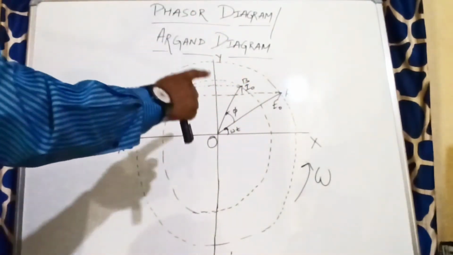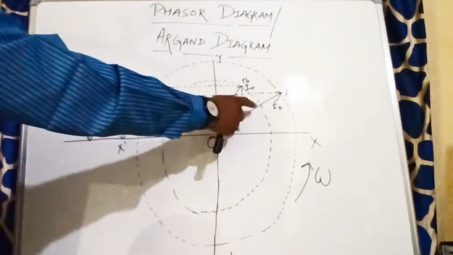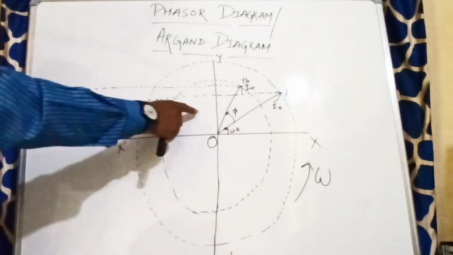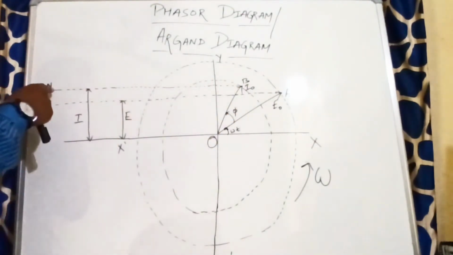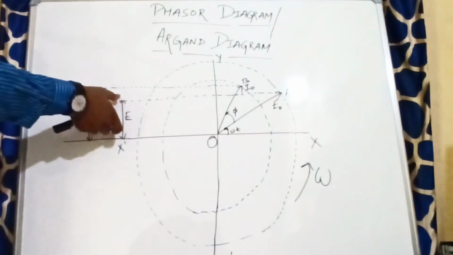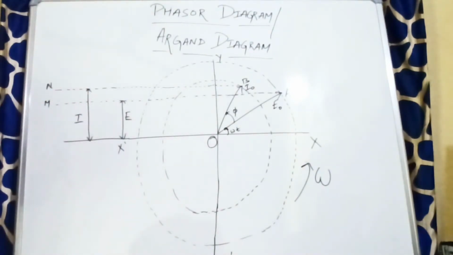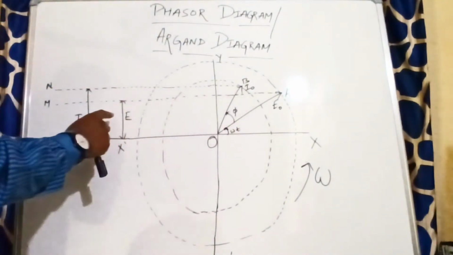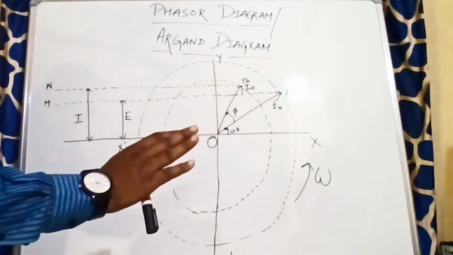And the projection of E naught and I naught, the projection is this one, I have denoted it this way here, and the projection of I is this height. So the projection of these two quantities represents the instantaneous value of current and voltage.